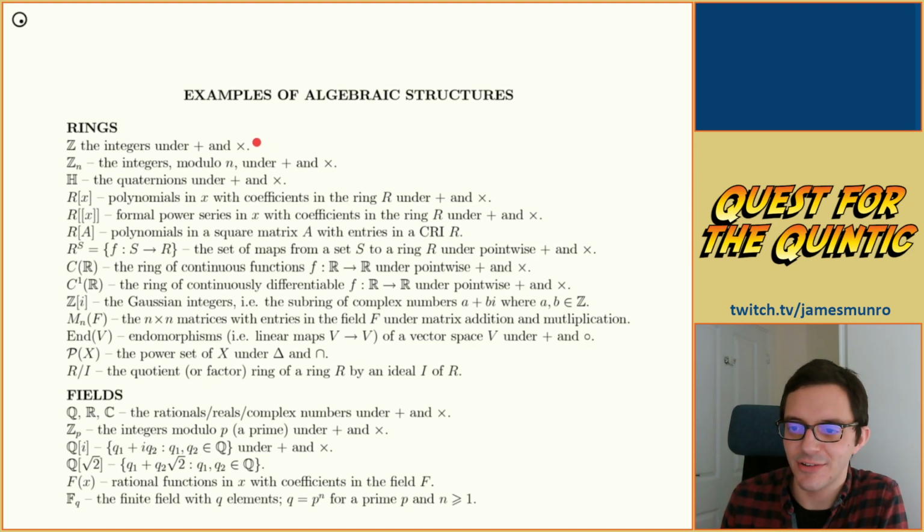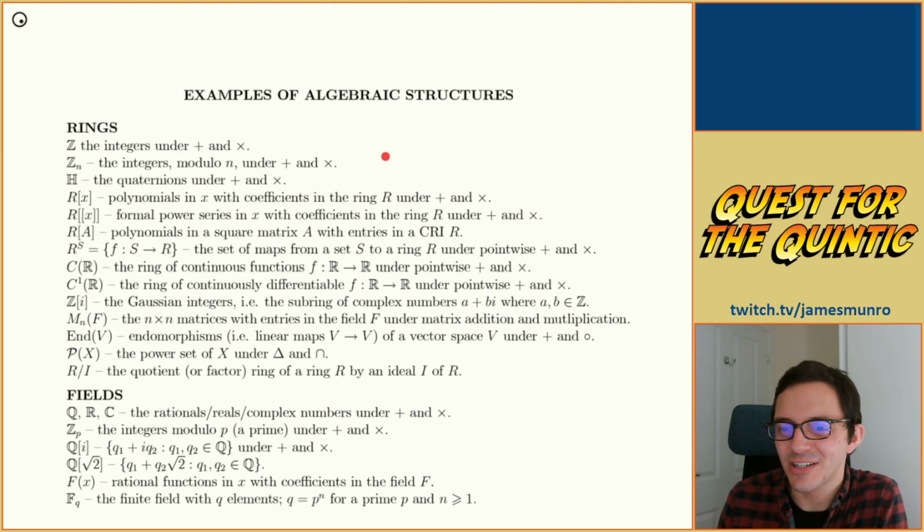So integers are things you remember. Whole numbers. So these are really good because you can add and multiply them. But you can also do that on these other systems as well. So modulo n, these are integers, but you throw away multiples of n.